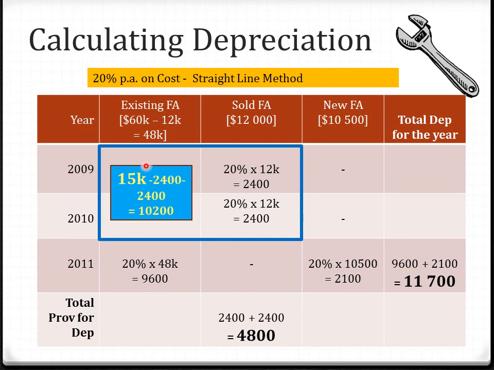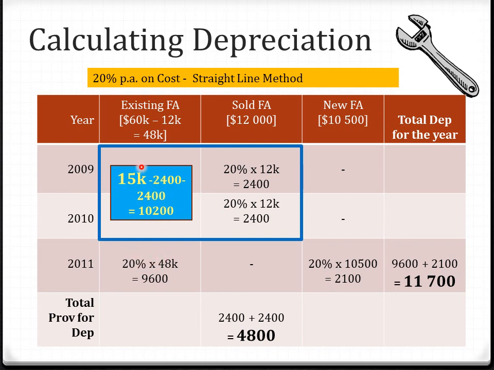All right. Why do I want to calculate this? Actually, there is no need for it for this question. However, if this is a reducing balance method, then you will need this box. So I am just showing you here so that you will know how to find this, so that you can use it if it is for reducing balance method. Now in this question, you don't need this box because it is on cost, straight line method.